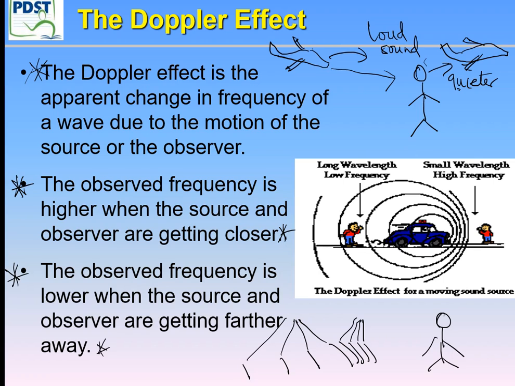But as the vehicle is leaving the person, the trailing waves, the waves at the back of the vehicle, are getting longer and longer, and therefore their frequency is decreasing. And as such, the sound becomes lower and lower. So that is what we call the Doppler effect.